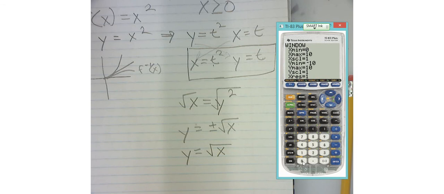So I'm going to say 0 to 10 in the x direction, 0 to 10 in the y direction. And there it is. And then if I come in here and put the diagonal, obviously the calculators are a little skewed, but you'll see that it reflects across the diagonal. Boom. There it is. Any questions?